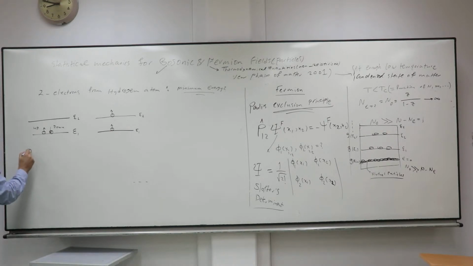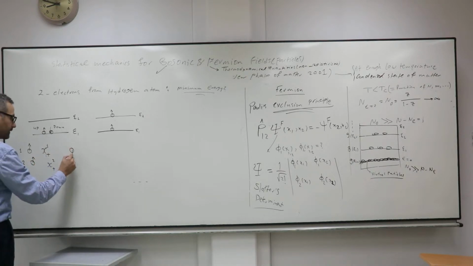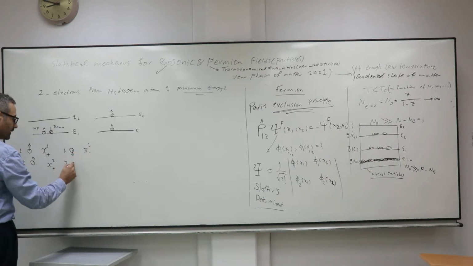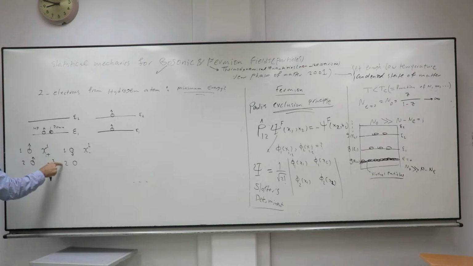For electron up, I write the wave function by Xi1. Xi upper 1 if the electron is 1. If the electron is number 2, you know how I write it, Xi2. If the electron is down, and this is my first electron, it's pointless to talk about first or second electron because they just change by one index.